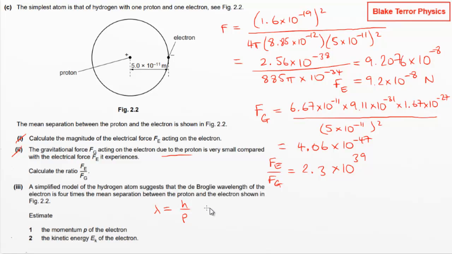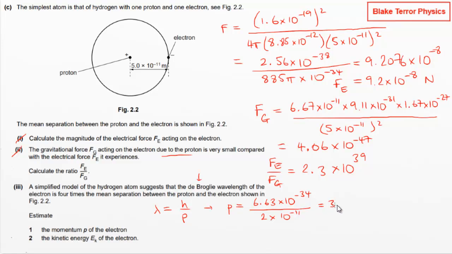So the momentum is equal to our Planck constant, 6.63 times 10 to the minus 34, divided by what they've told us the de Broglie wavelength is, which is 4 times this. So that's going to be 2 times 10 to the minus 10, isn't it? 2 times 10 to the minus 10.